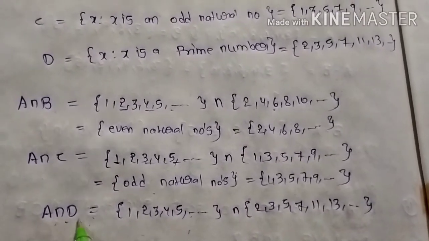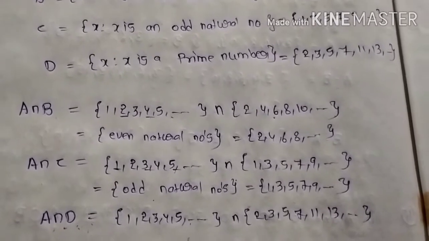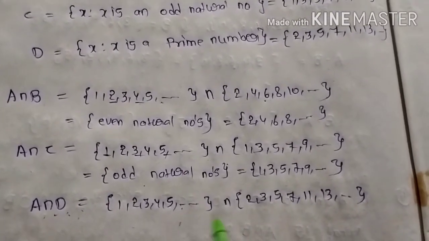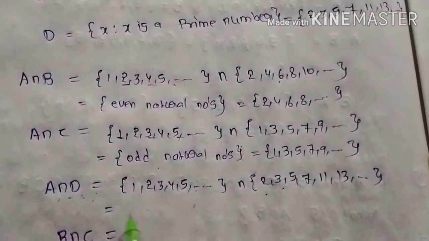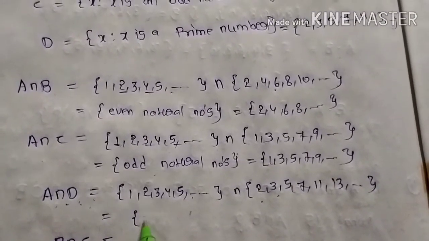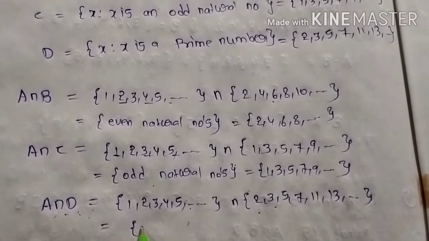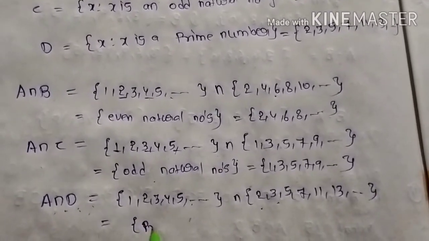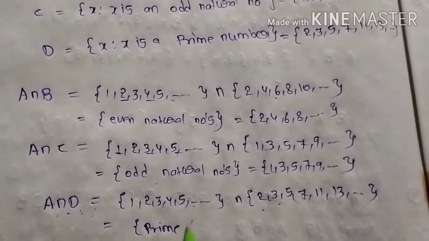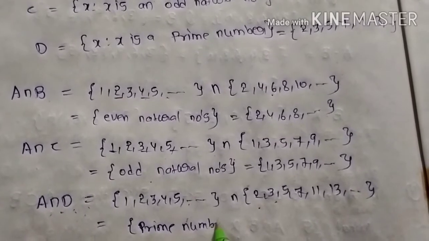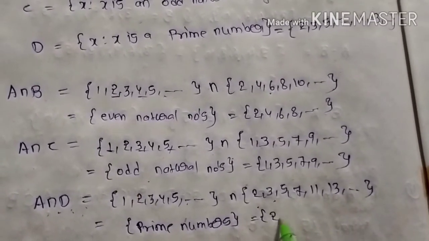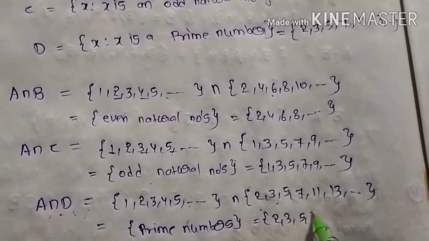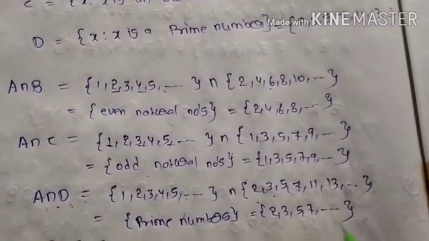A intersection D means you get what is common in both the sets, prime numbers. Yes, you can write here prime numbers only. That means your answer will be 2, 3, 5, 7 and so on.